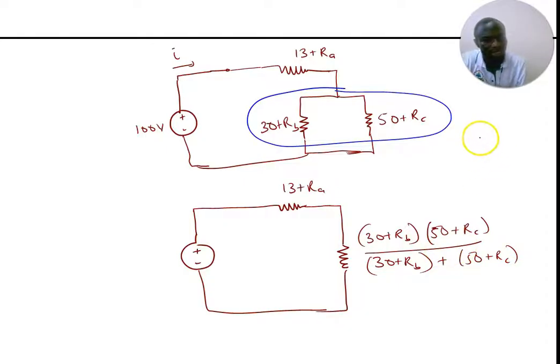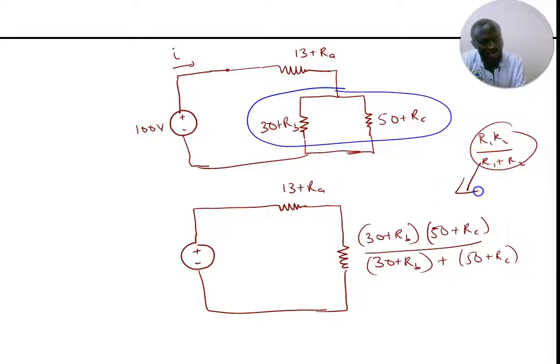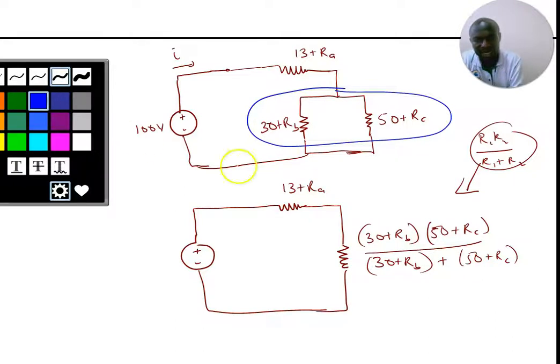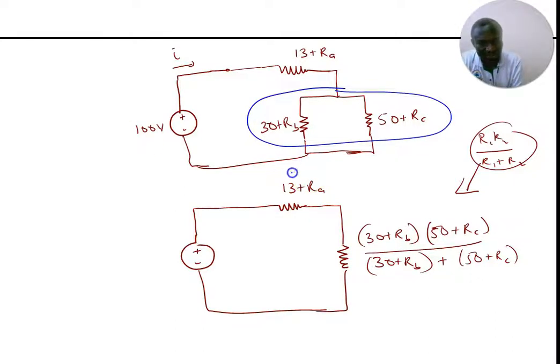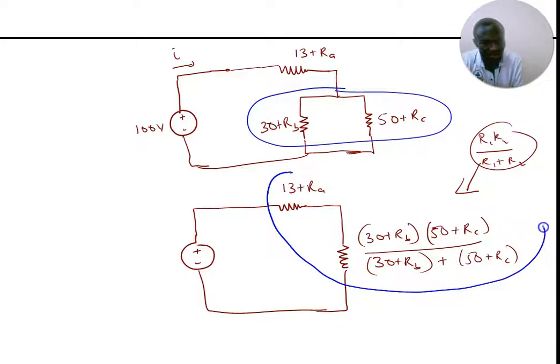You know that if two resistors are in parallel, the formula is R1 R2 all over R1 plus R2. You get it? So that is how we obtain this one. So now we can combine these resistors in series, and combine the two of them in series to get our RAB.